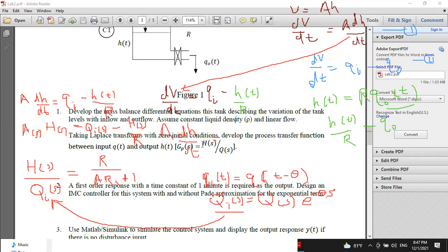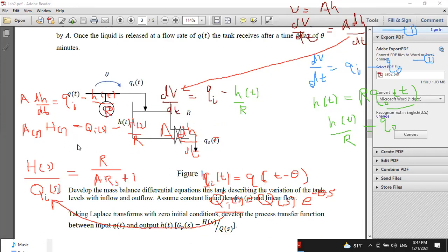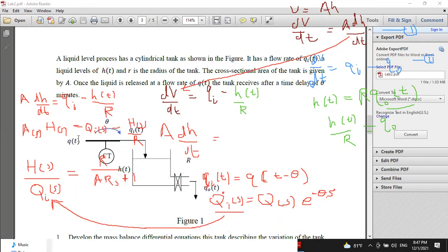They have asked us to get hs over qs, not hs over qis, right? So we have got a relationship for qs. What we got earlier for qis, this is the relationship between hs and qis.